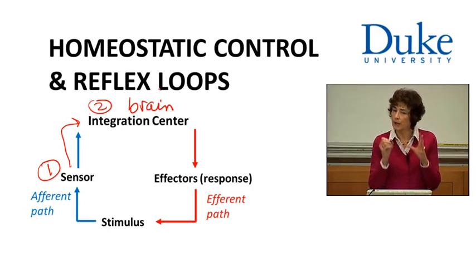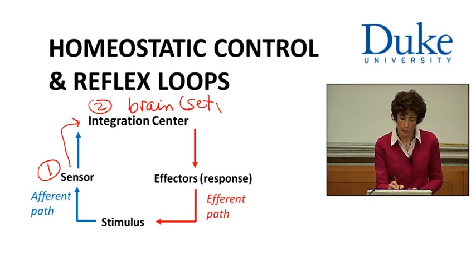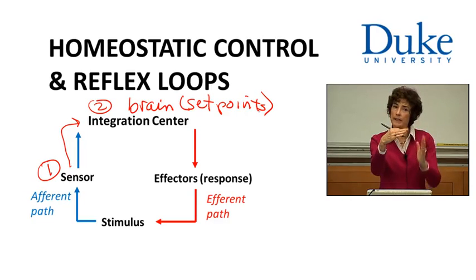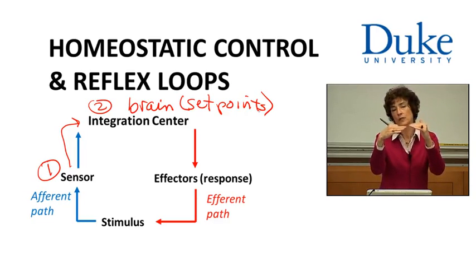The integration center has within it the set points that are compatible with the life of the cells. It will then evaluate the incoming signal to see whether it matches the set point that the body needs, or whether it exceeds it or is below it.